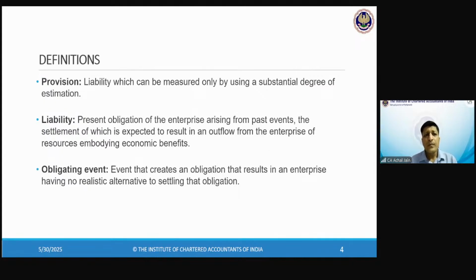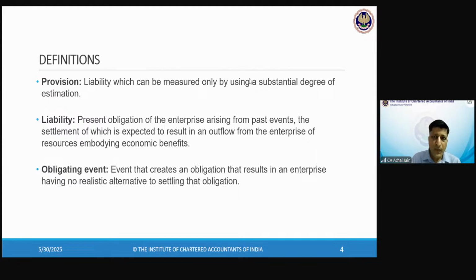I can see one more response coming from Richa. Very good. She's saying it's measured in advance to meet the future needs.